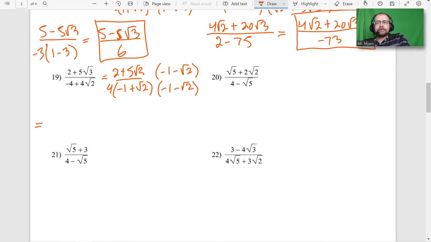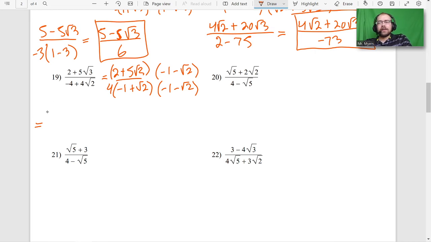So then I'm going to have to FOIL on the top and on the bottom. Now on the top, that's not a conjugate. So I do need to do each of the 4 steps. Firsts, outers, inners, lasts. I do want to go ahead and do a full FOIL.